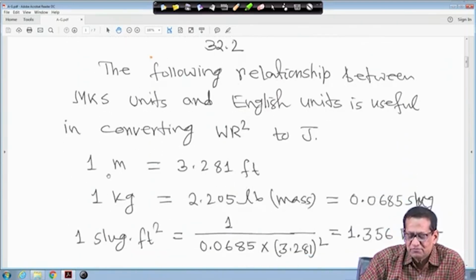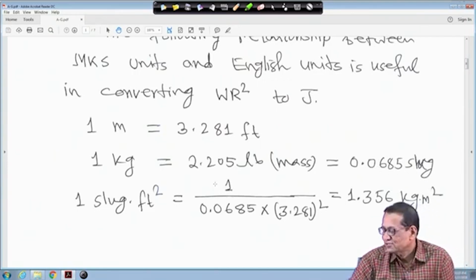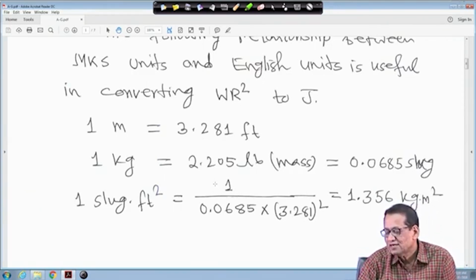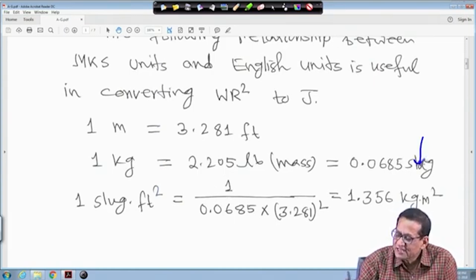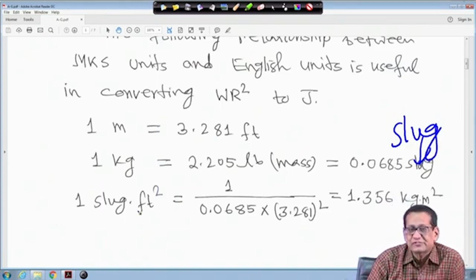For example, 1 meter is equal to 3.281 feet, and 1 kg is equal to 2.205 pound mass, that is equal to 0.0685 slug, sorry, not kg, this is actually slug, right.